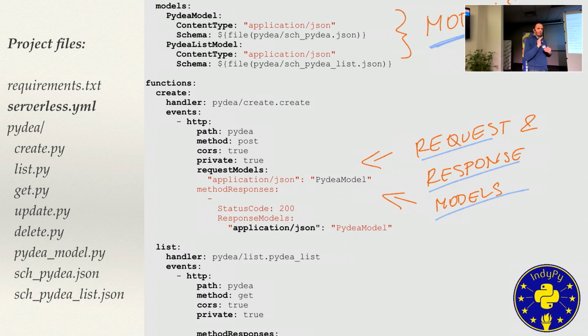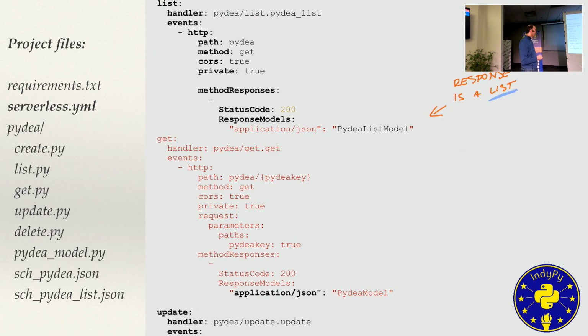So when I send it to my endpoint, I send the JSON, but it's also responding to it. It says 200 or something. Yeah, it says 200 response. It also responds with the JSON. So I need to do it for all of them. For list, I'm sending no model on the request, but the response gives me the list of items. So I need to just describe this for each of them. For the get, I'm getting, I'm sending the.